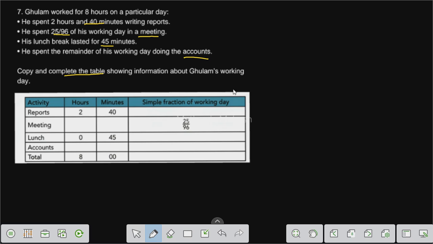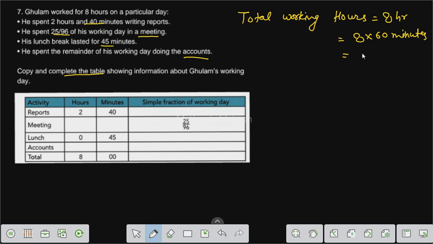Okay. So first we have to change the working hours into minutes. So total working hours equal to 8 hours, and 8 hours means 8 into 60 minutes is 480 minutes.